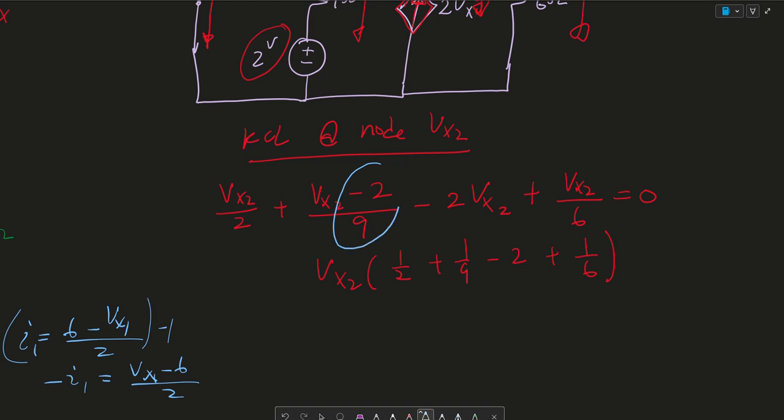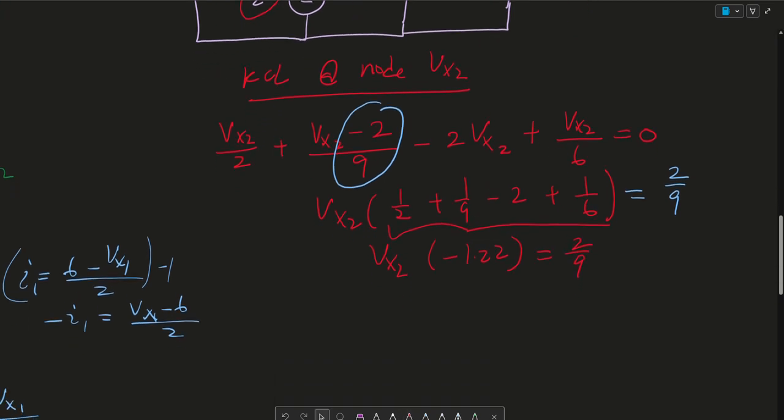This negative 2 over 9 goes to the other side as just 2 over 9. This value here is again simply negative 1.22. This is times Vx2, and this is 2 over 9.